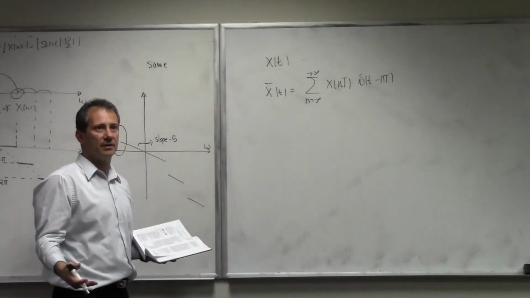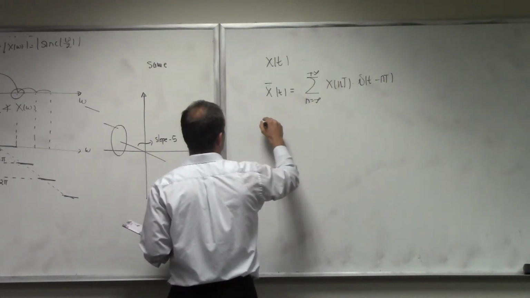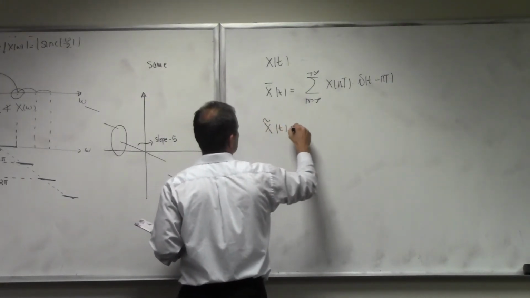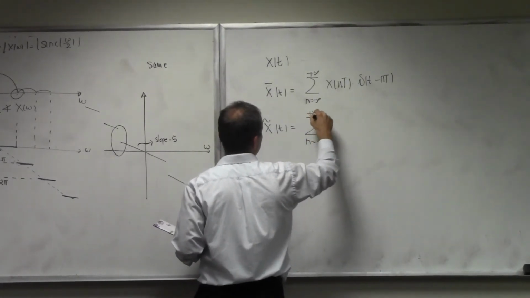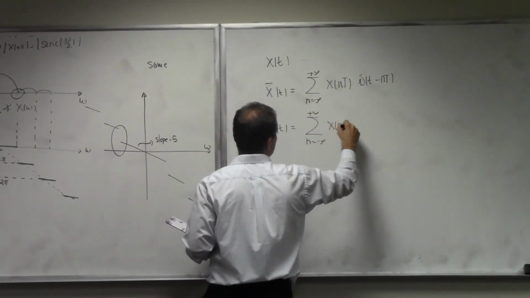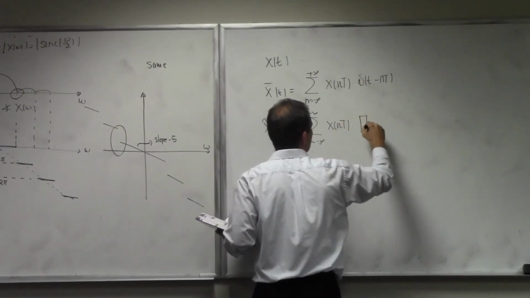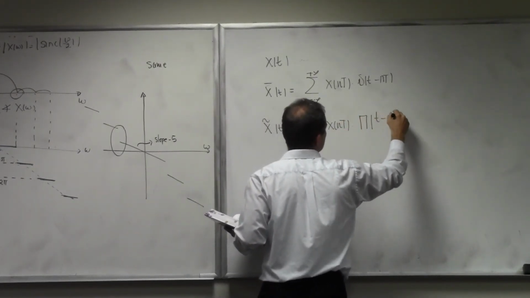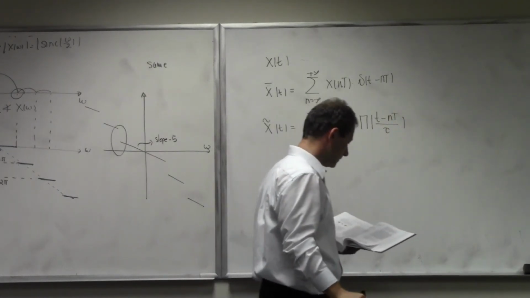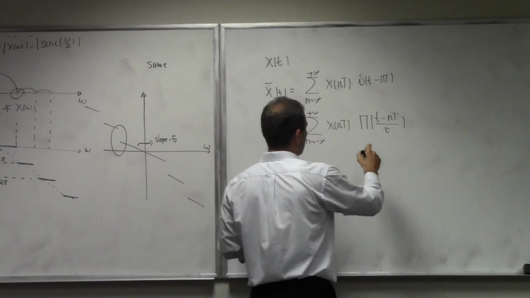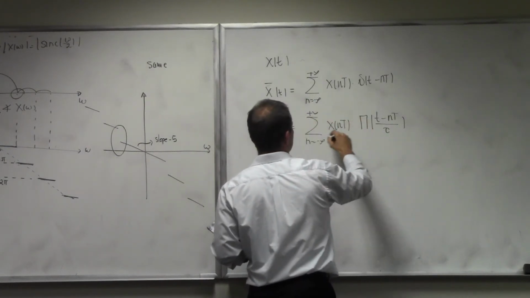You can never have that, right? So what he's saying now, let's look at this signal, which is the sum when n goes from minus infinity to plus infinity of x of nT, pulse of t minus nT divided by some tau.